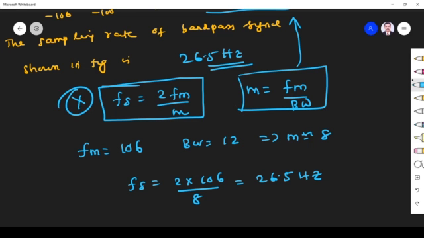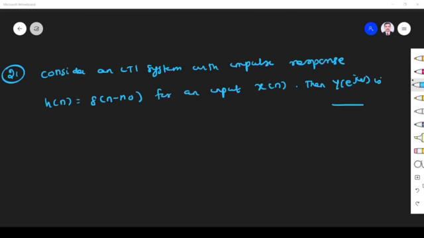Okay, the next question is, consider an LTI system with impulse response h of n is equal to del of n minus n naught for an input x of n. What is Y of e power j omega? So h of n they have given, h of n is equal to del of n minus n naught.